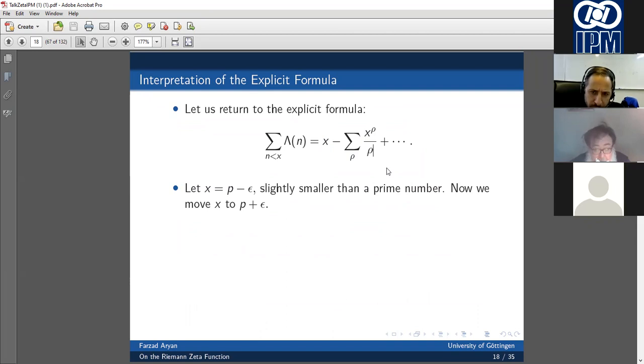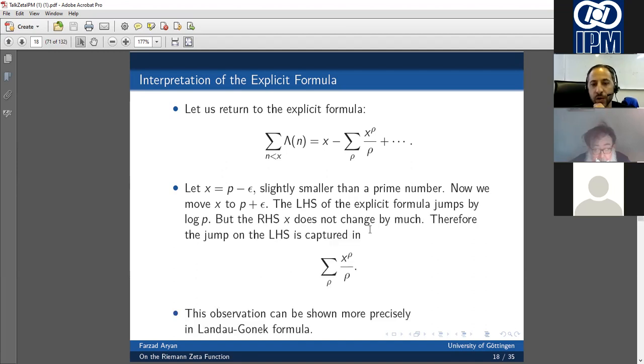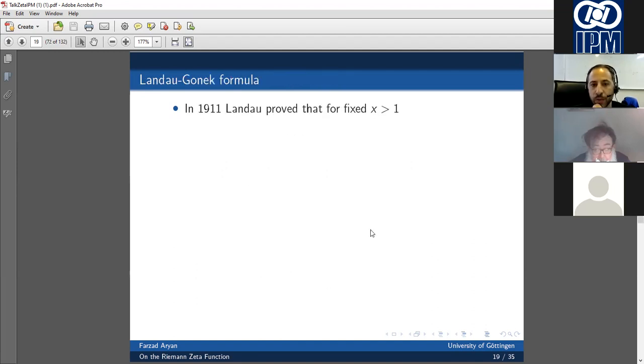One way of looking at it is that if you sum x to the power of the zeros of the Riemann zeta function, and x is very close to a prime number, then you see a kind of jump in this sum. What I'm trying to say is captured much more nicely in what's called the Landau-Gonek formula.